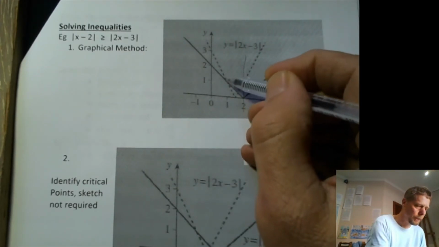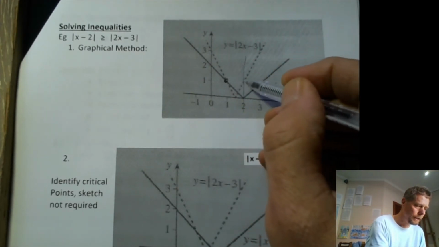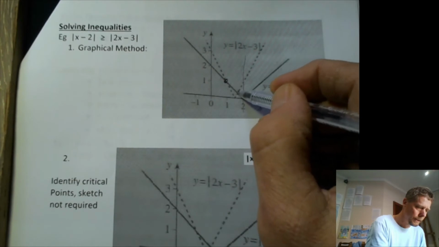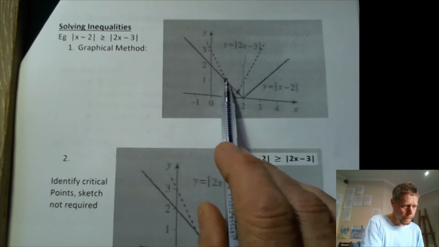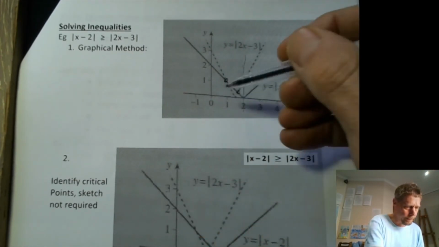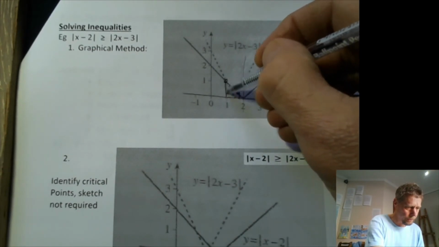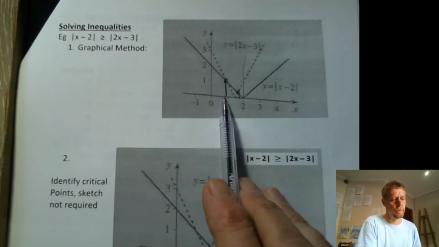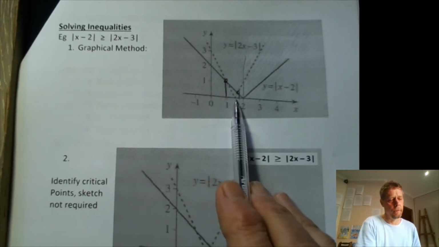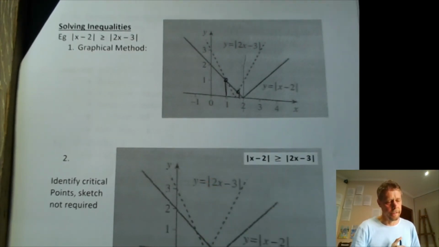The two meet over here, and over here, and there we can see the mod x minus 2 is bigger in this interval here. You can read that off a graph, and you can see x is between those two numbers, from 1 to just less than 2.